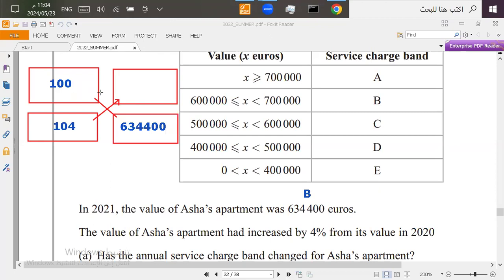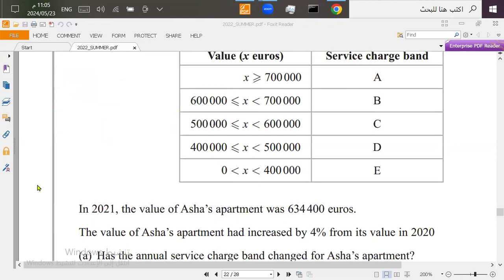So the answer is 610, so the original value is 610,000. This means 610 is still in the same band. So it means it didn't change. So the annual service charge didn't change for Asha's apartment. And this is how you answer a question like this. Now let's move on to the next question.